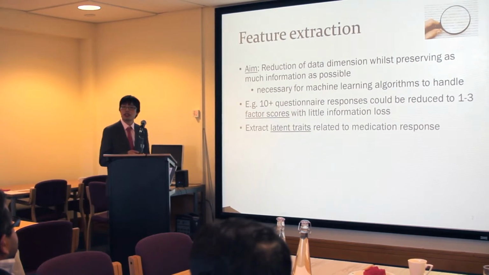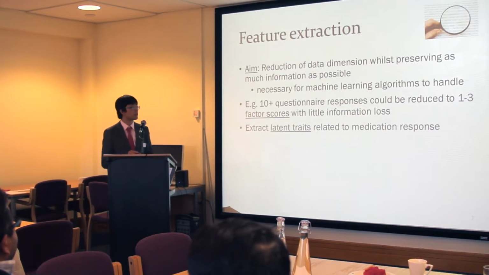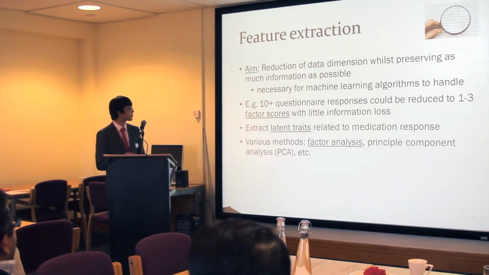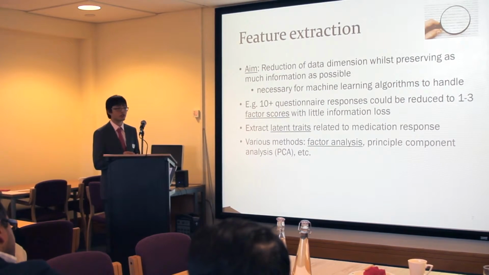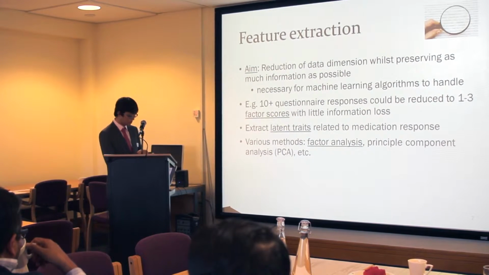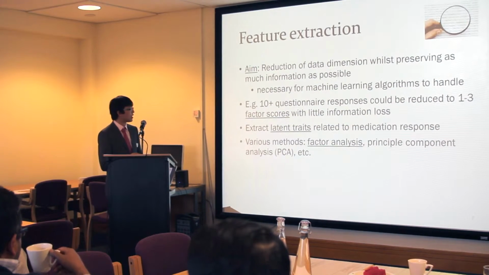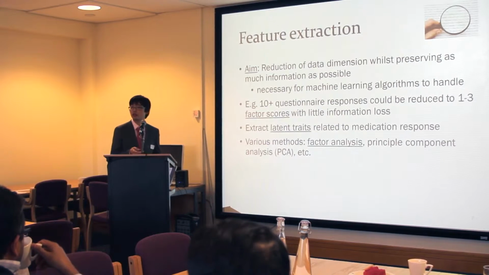The idea is to extract some latent traits thought to relate to medication response. There are various methods to perform this feature extraction. A well-known one would be principal component analysis, and the one I use, factor analysis, is similar to PCA but with an error model built in.